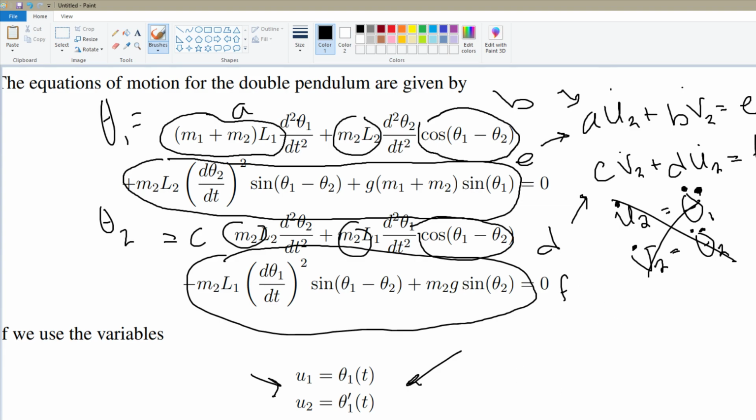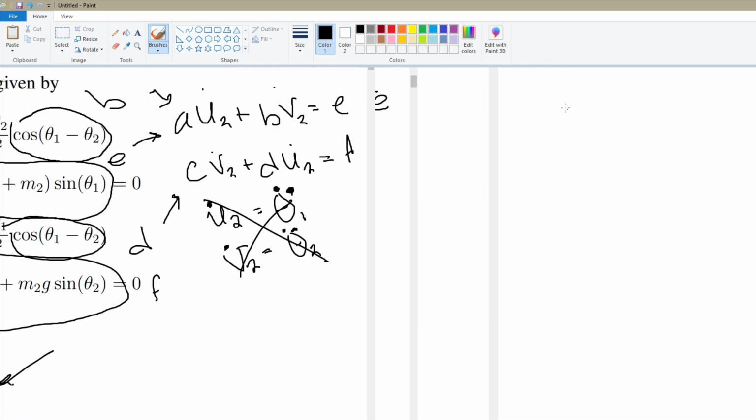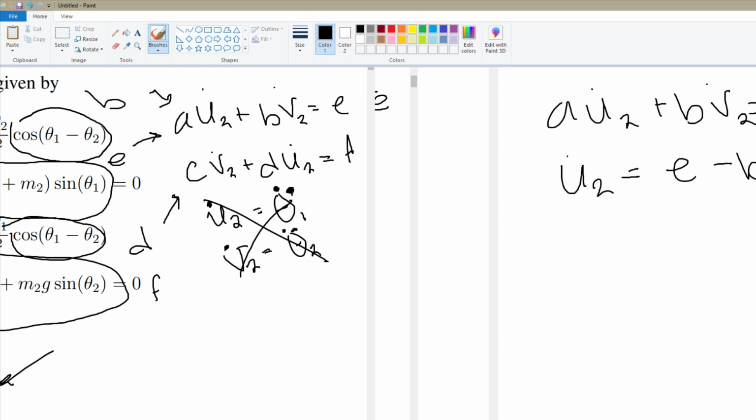We have A U dot 2 plus B V2 dot equal to E. We're going to solve for U dot 2. U dot 2 is equal to E minus B V dot 2 over A. Now we're going to plug it back into this problem.